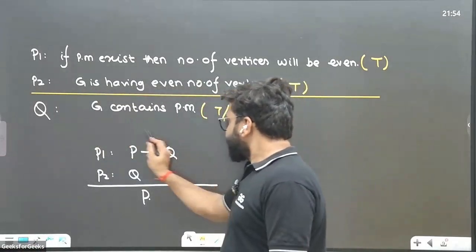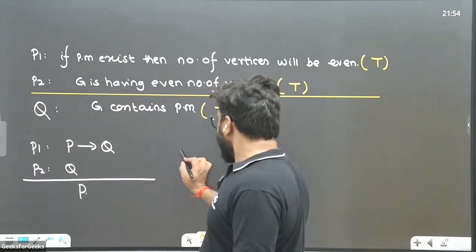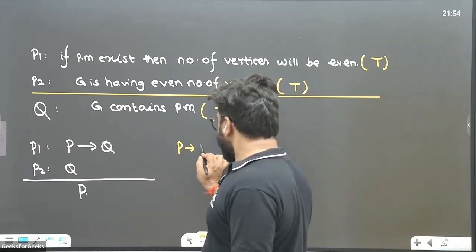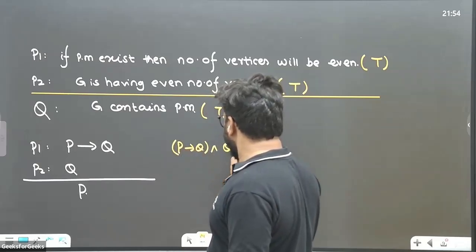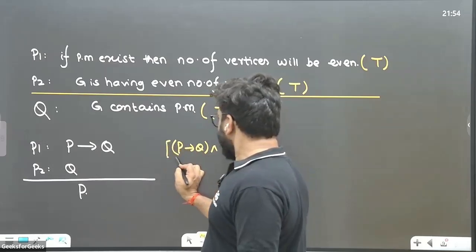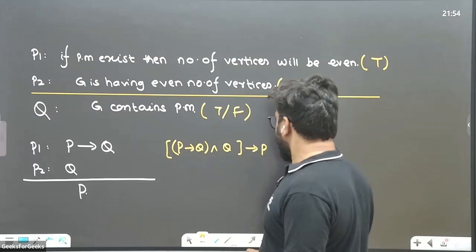Another way of writing is P implies Q, and here you will have Q, then the whole conclusion is related to P.